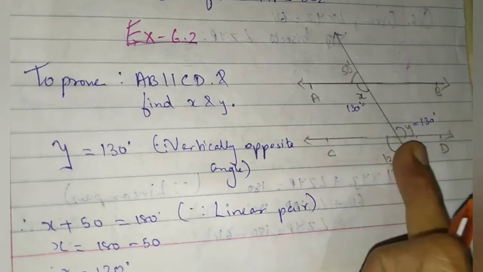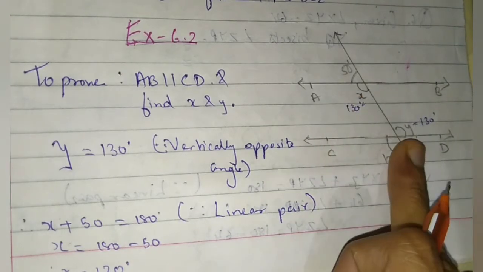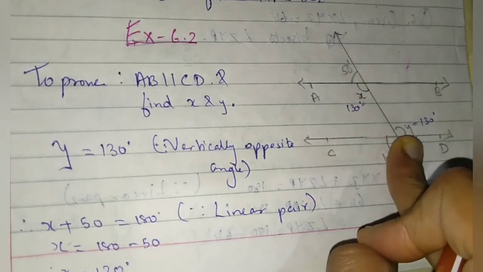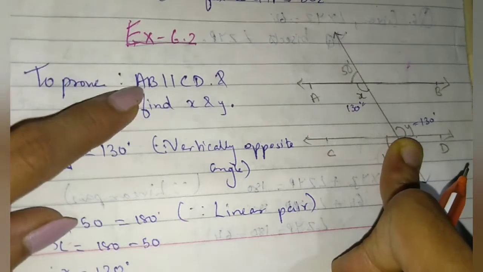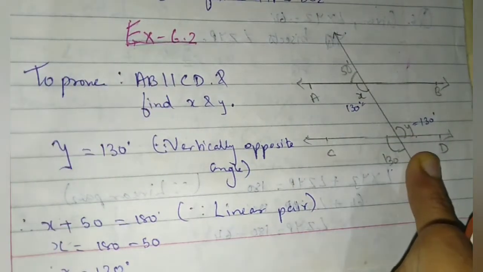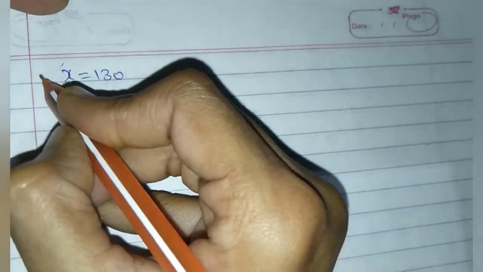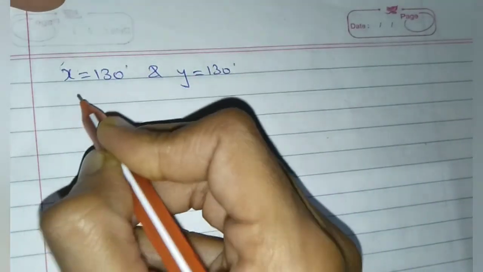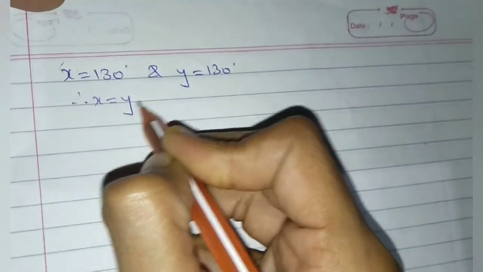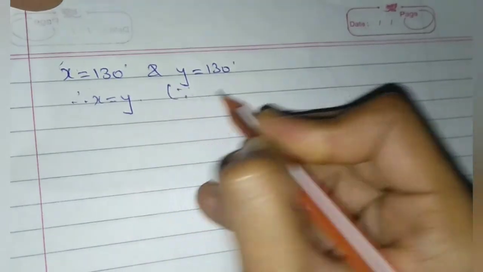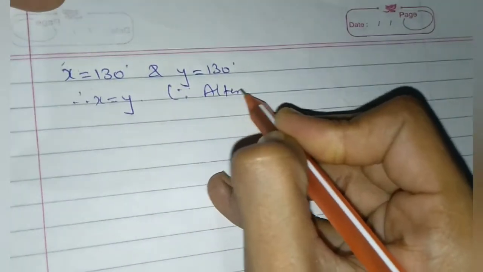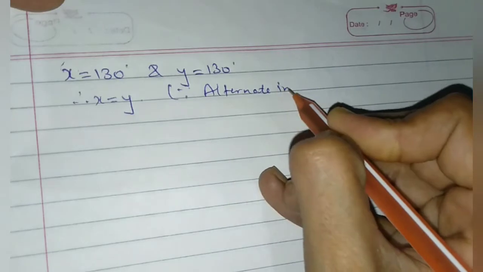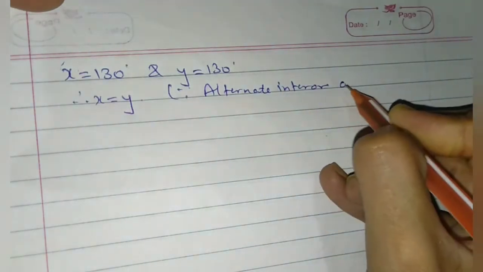Now these are alternate angles. If alternate interior angles are the same, then we can say that AB is parallel to CD. So let us write x equal to 130 degrees and y equal to 130 degrees. Therefore x equal to y, alternate interior angle.